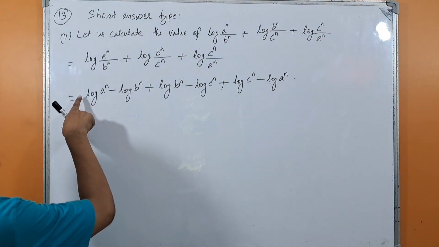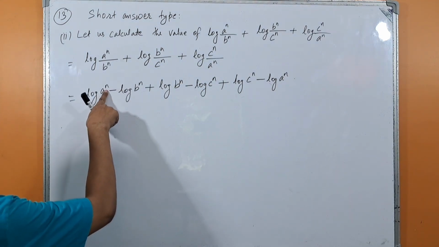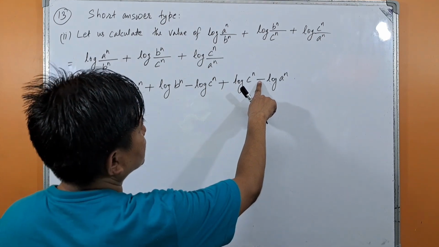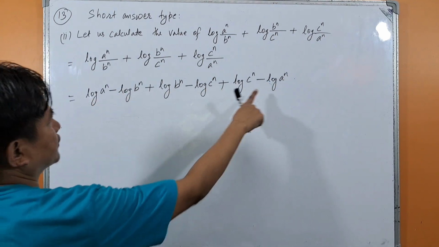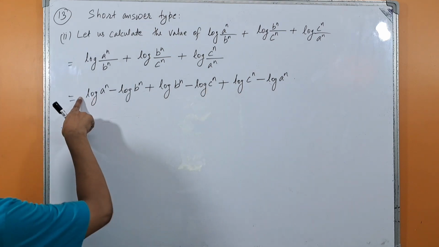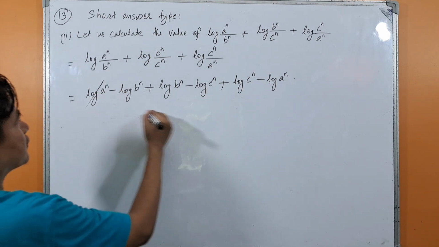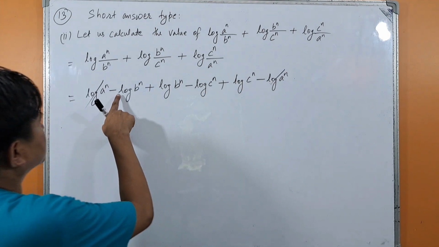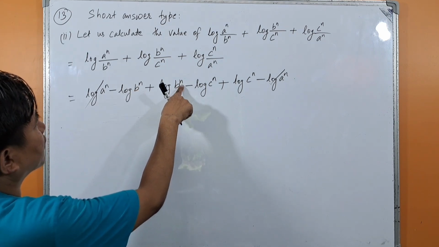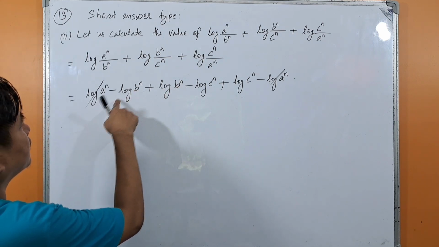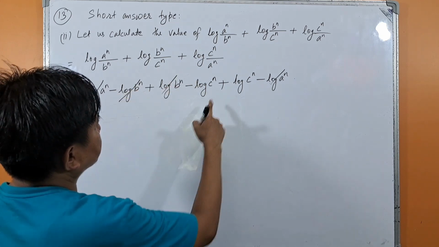So we have here plus log a to the power n and minus log a to the power n. Same number, opposite sign, one is negative and the other is positive. So we can cancel this. Similarly, minus log b to the power n plus log b to the power n, same number, opposite sign, so we can cancel this also.